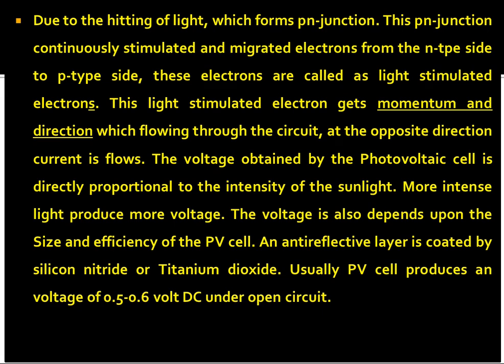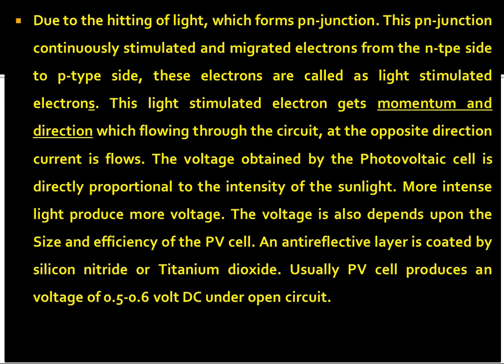so the current will flow. Generally the voltage obtained from the PV cell is directly proportional to the intensity of the sunlight. More intense sunlight will produce more voltage, and it also depends on the size and efficiency of the PV cell. An anti-reflective layer, made of silicon nitride or titanium dioxide, is coated over the PV cell.